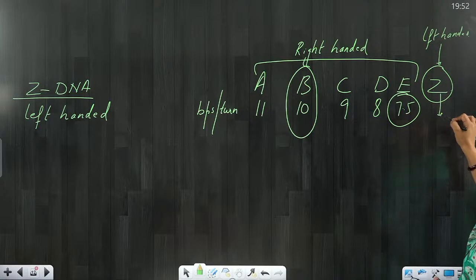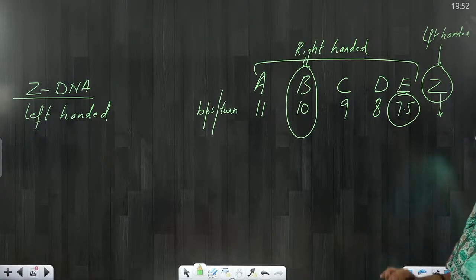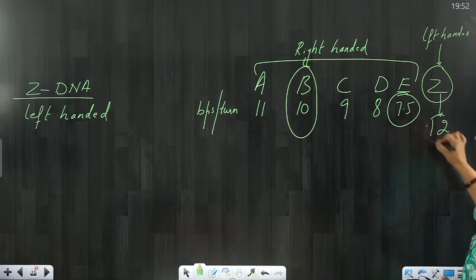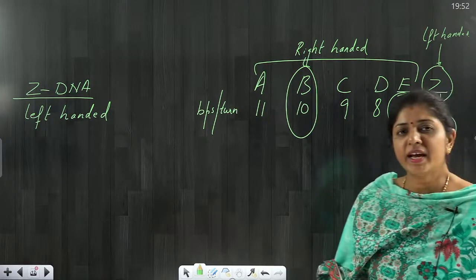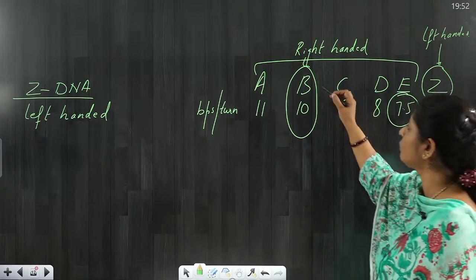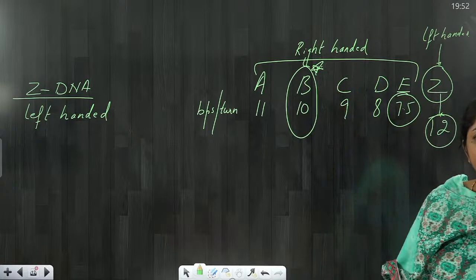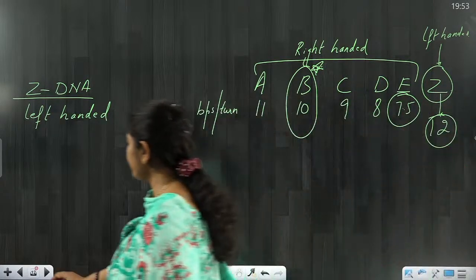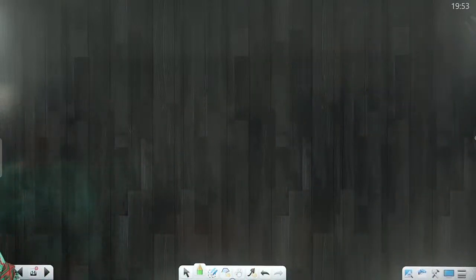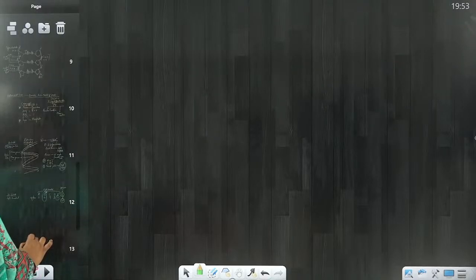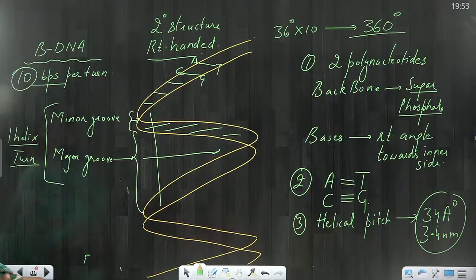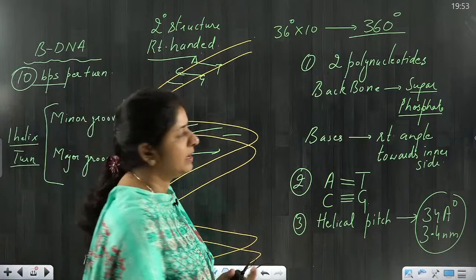Z is having how many base pairs per turn? It is having 12 base pairs per turn. Fine. But we are discussing about which DNA? B-DNA.